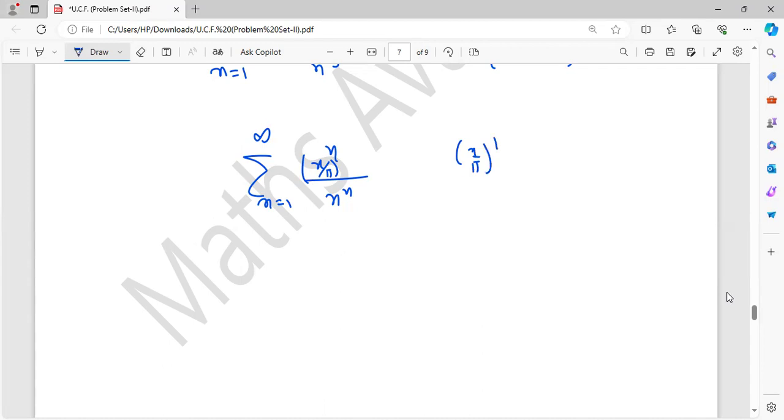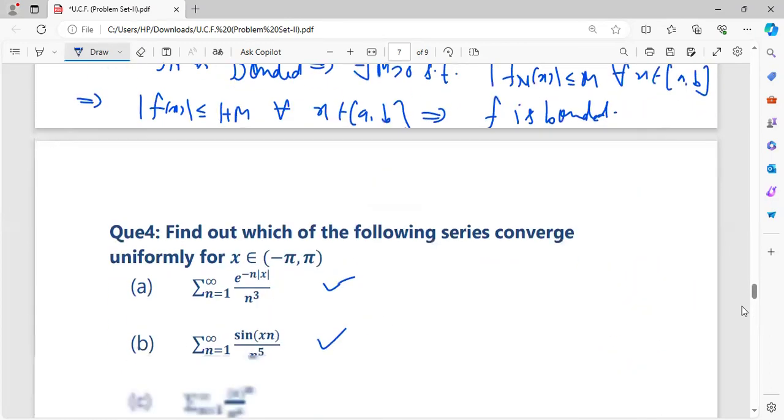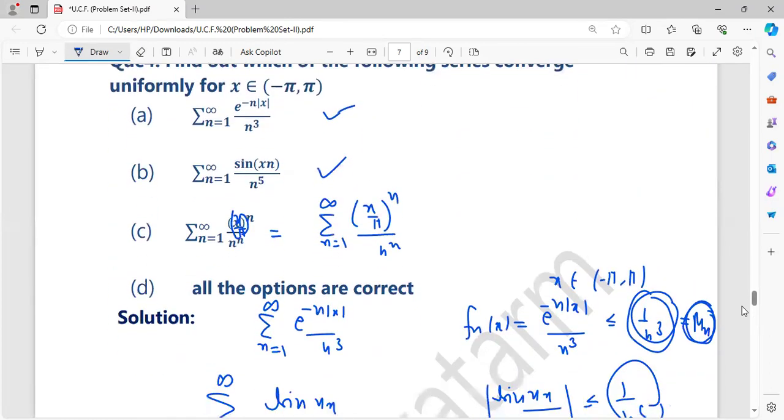It is x upon pi to the power n upon n to the power n. When I put x equal to pi, it will be less than n to the power n. Such type of series is convergent, absolutely convergent. So option C is also correct. It means all the options are correct. Finally, this is correct.